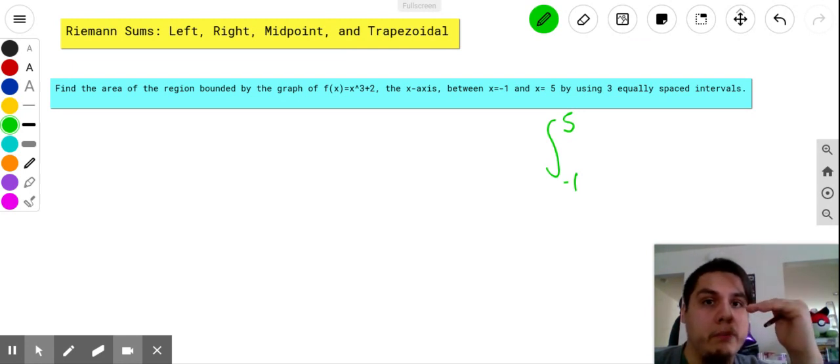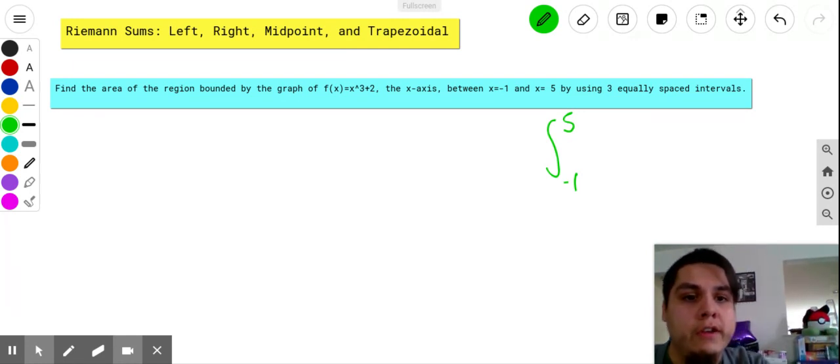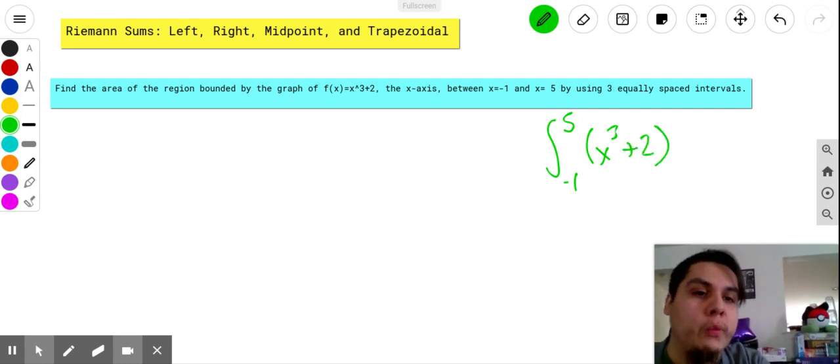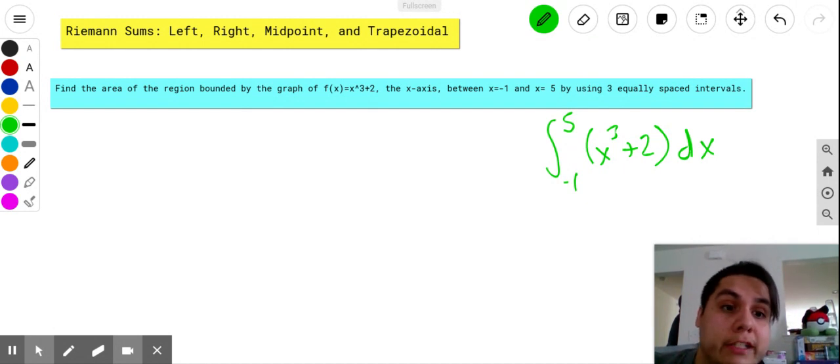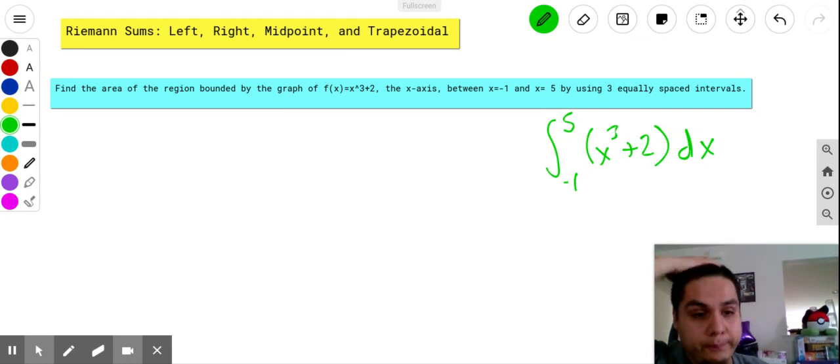The upper bound is 5. We are talking about the function x cubed plus 2 with respect to x. That's what they're asking us to do. I just want to make sure you guys are comfortable writing that notation out.